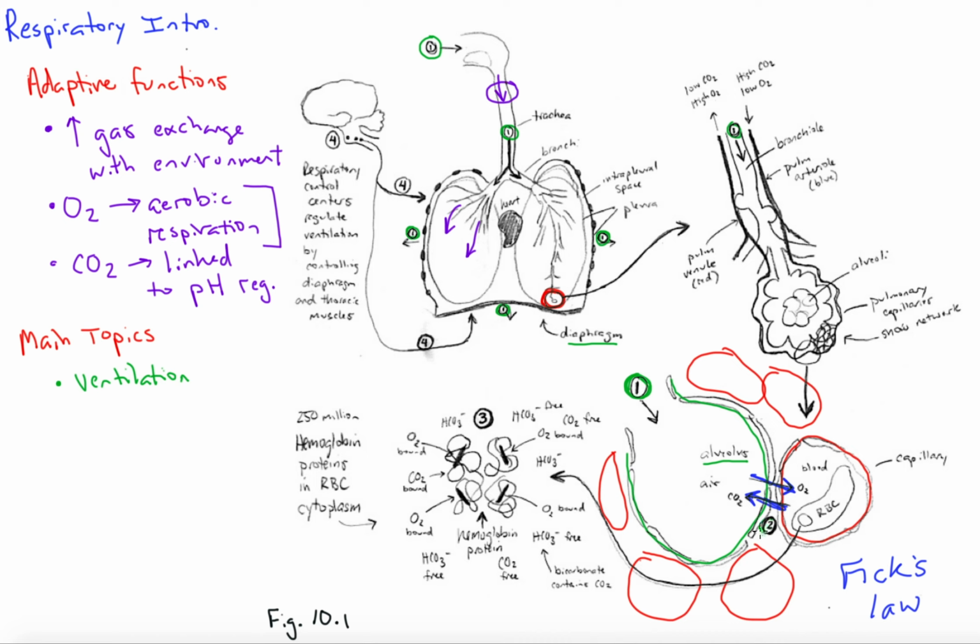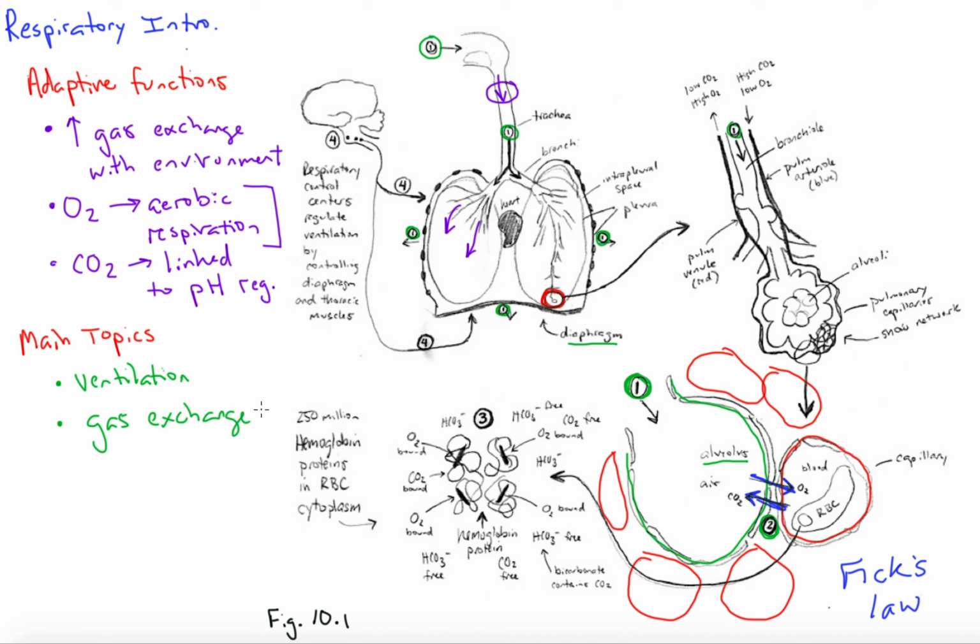Here's our number 2, and number 2 is really identifying these blue arrows, which is gas exchange from air to blood or vice versa. So let's put that over here on our list: gas exchange.